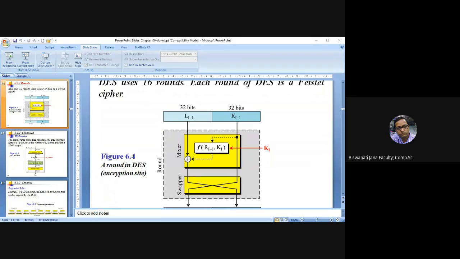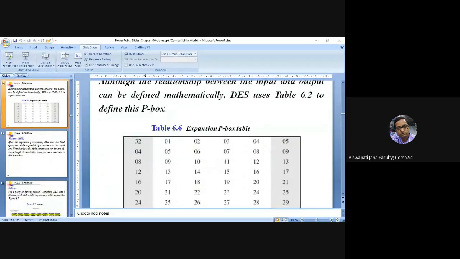Then the next function. See, in our main design, first is the expansion, where we use the P box table.